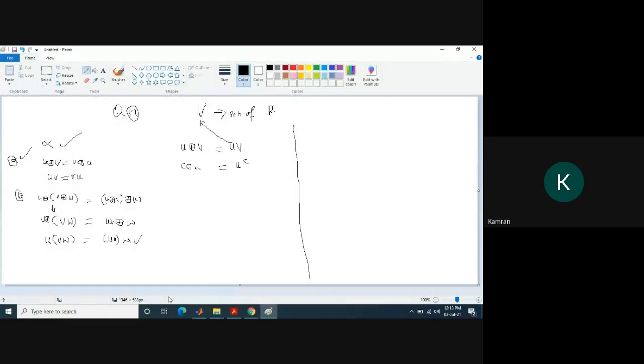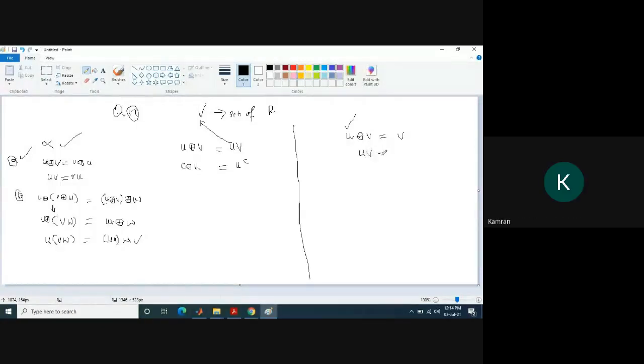Next is the identity property. We know that if u is the identity, then for any vector v, u plus v must be equal to v. So let u be the identity, then u plus v must be equal to v, and by definition u plus v is equal to uv.